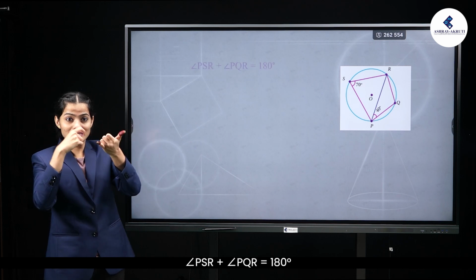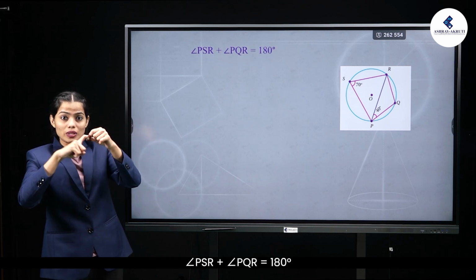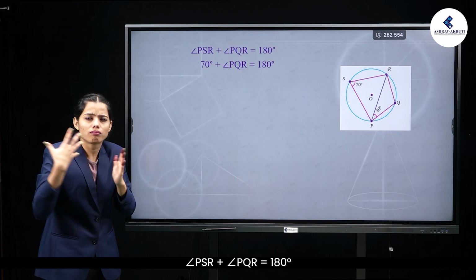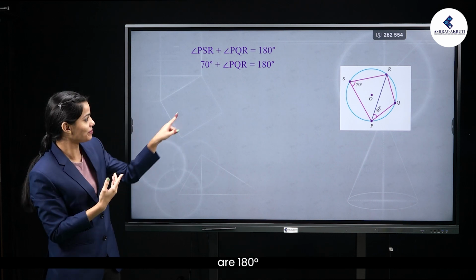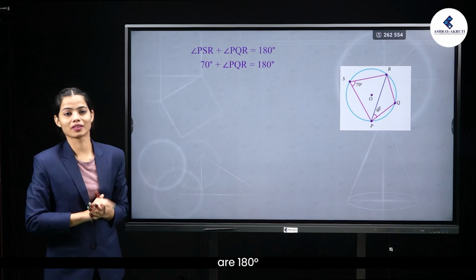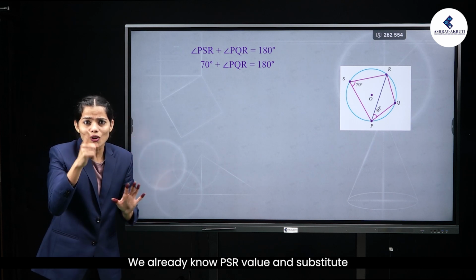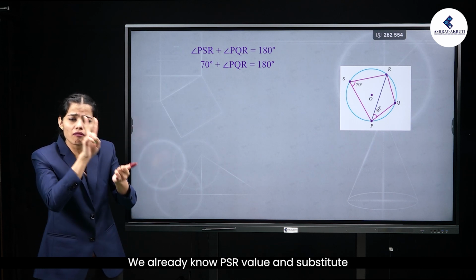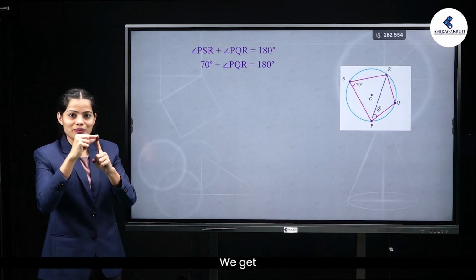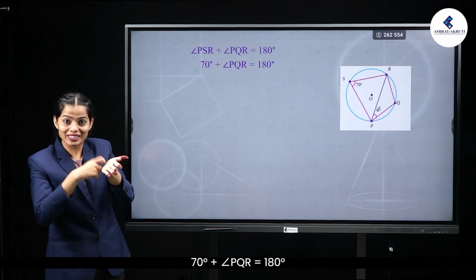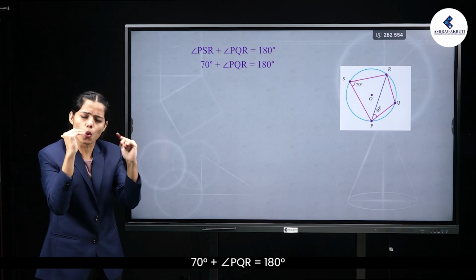Angle PSR plus angle PQR is equal to 180 degrees. We know sum of opposite angles is 180 degrees. We already know the PSR value, so substitute it in the given equation. We get 70 degrees plus angle PQR is equal to 180 degrees.